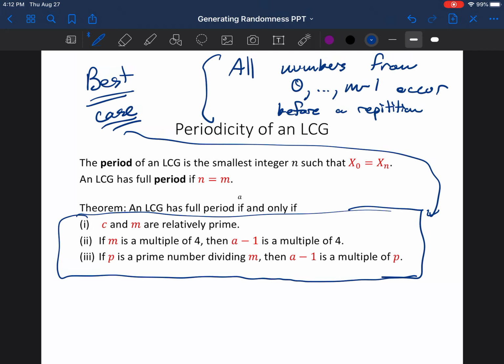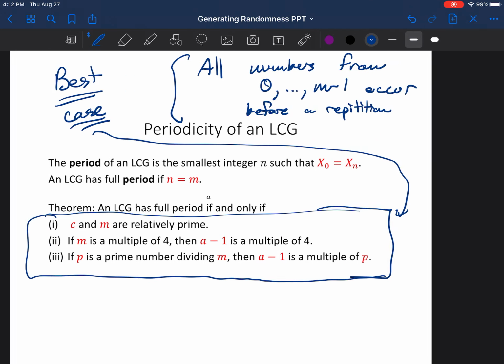If M is a multiple of 4, then A minus 1 is a multiple of 4. And then if P is a prime number dividing M, then A minus 1 is a multiple of P. So these are seemingly weird and random conditions, but it turns out they're what's required. If you ever study number theory, this is a number theoretic result.